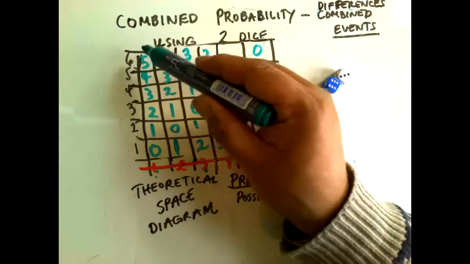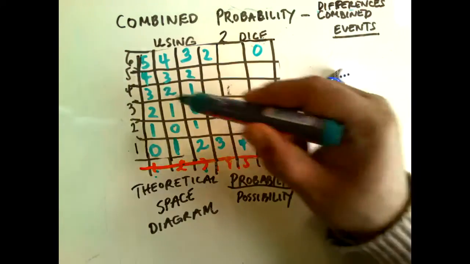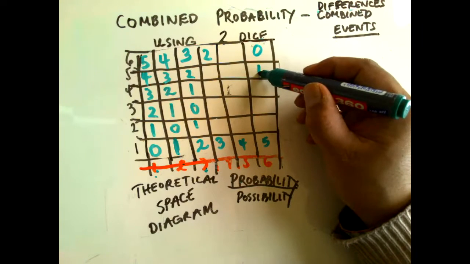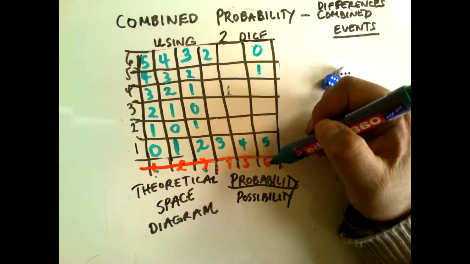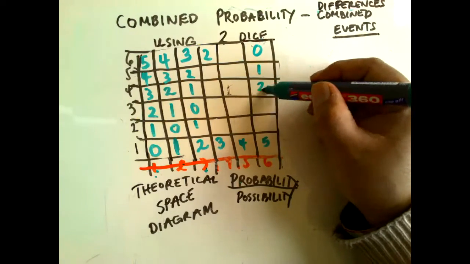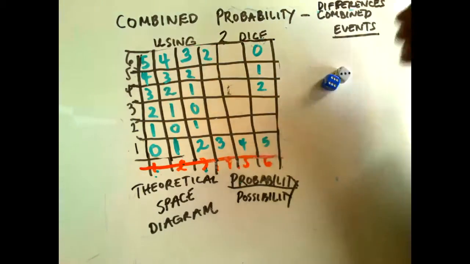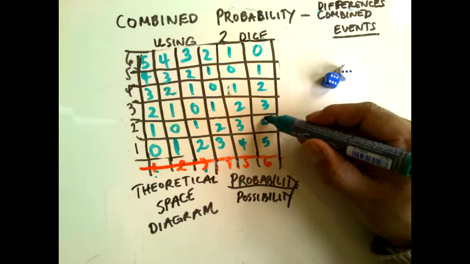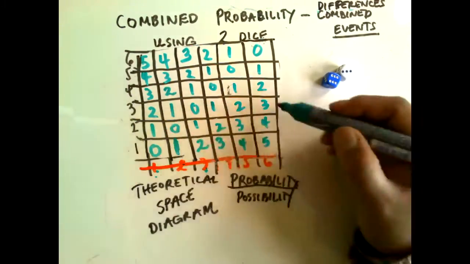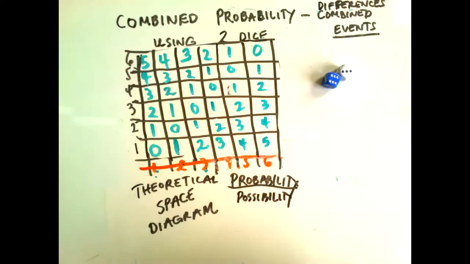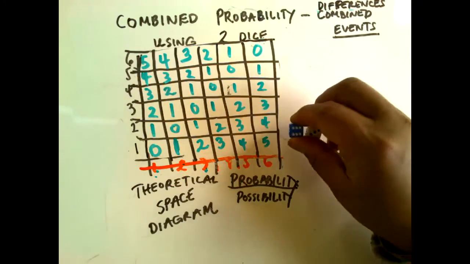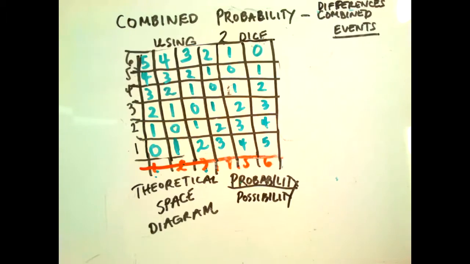See? 5 less 5 is 0. 6 less 4 is 2, and I'll just fill up all this table. And so 6 less 2 is 4. And that's another way of presenting a probability diagram through subtraction of the results of your answer.